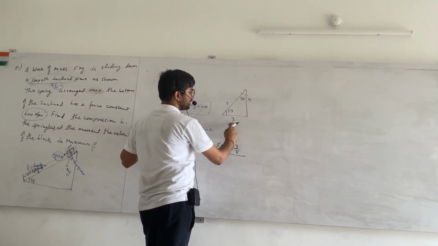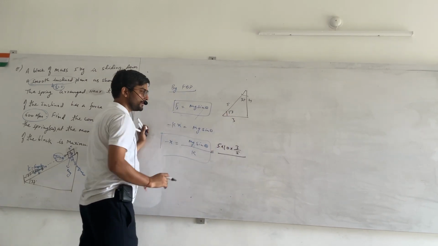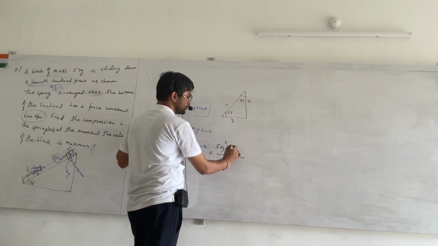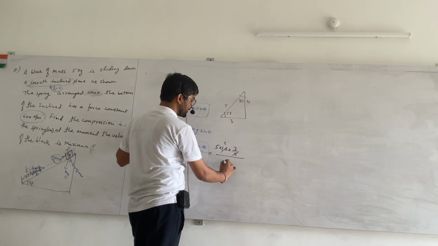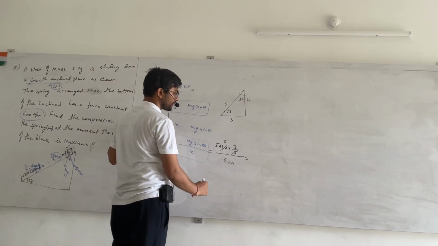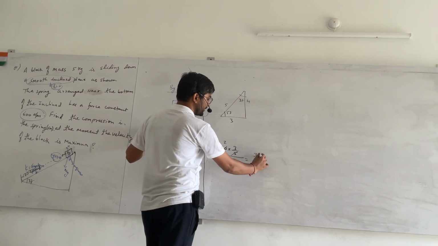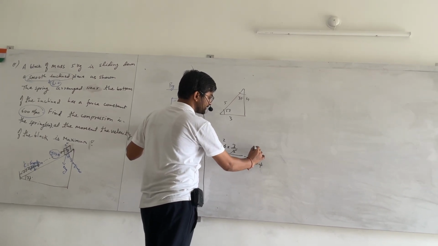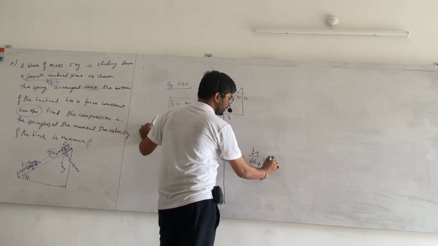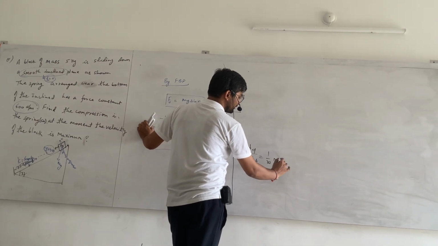So cos 37 is 3 by 5. Sin 37 is 3 by 5. So this value is 2, and k is 600. So 5 into 10 into 3 is 30, and 30 by 600, the zeros cancel out, so this is 1 upon 20.